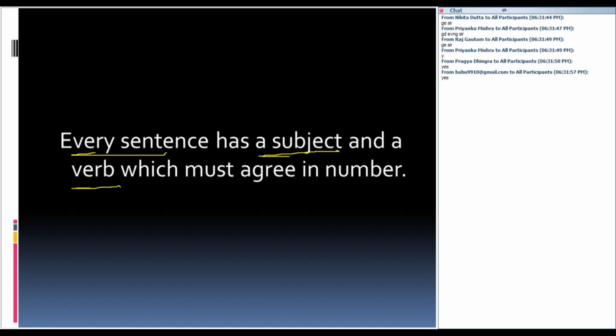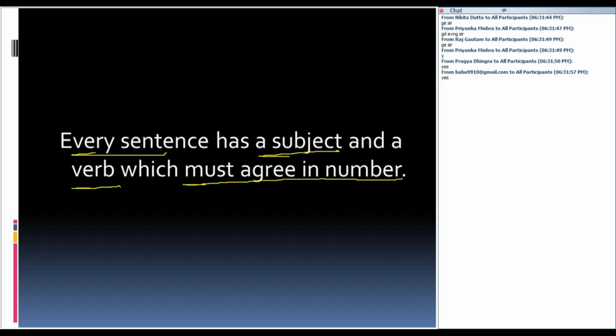And also you need to remember that the subject and the verb must agree in number. They must agree in number means that if your subject is singular, then you will have to use a singular verb. If your subject is plural, then you will have to use a plural verb. So there has to be subject and verb agreement as far as number is concerned.